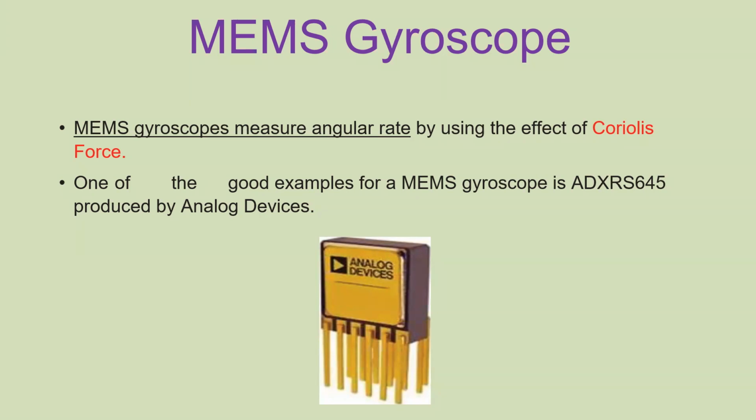If I turn on auto rotate, that means when I change the orientation of my mobile phone, since you may have a smartphone, you can experience this. You can turn on the screen and turn on auto rotate. When you change the orientation from portrait to landscape, the screen changes. How does the mobile phone detect that?